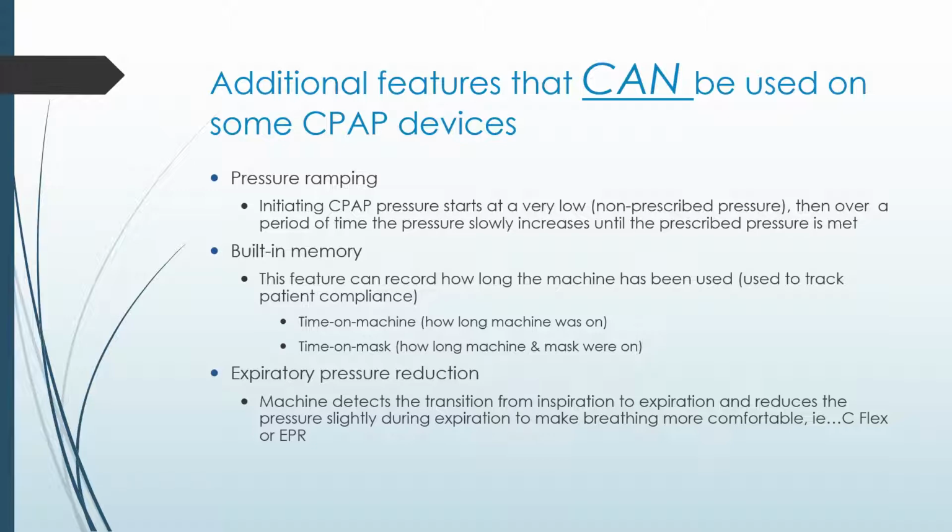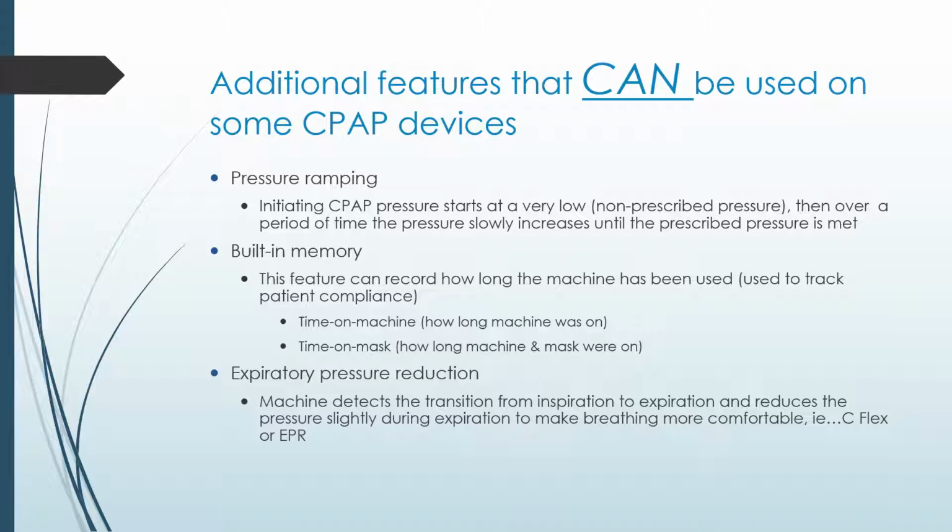So this is for people who, when they put it on at the prescribed pressure, maybe it feels like a little bit too much, and so this gives them time to fall asleep prior to the pressure being that high. There's built-in memory features. Actually now they even have Bluetooth where the data can be downloaded via Bluetooth to their computer, and so compliance can be tracked.